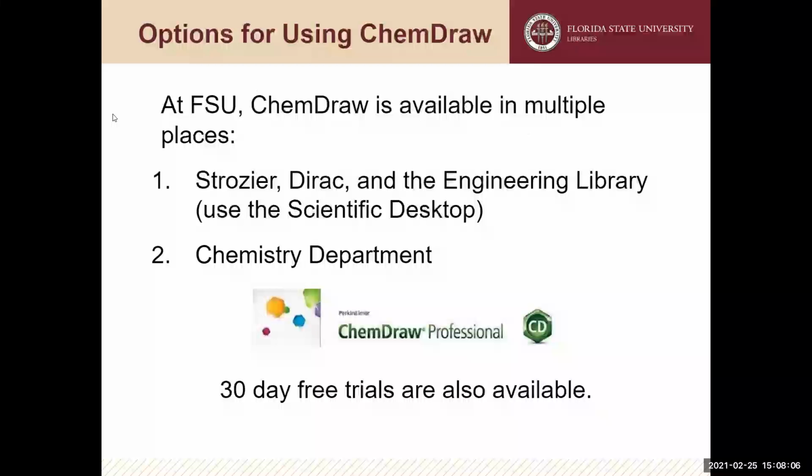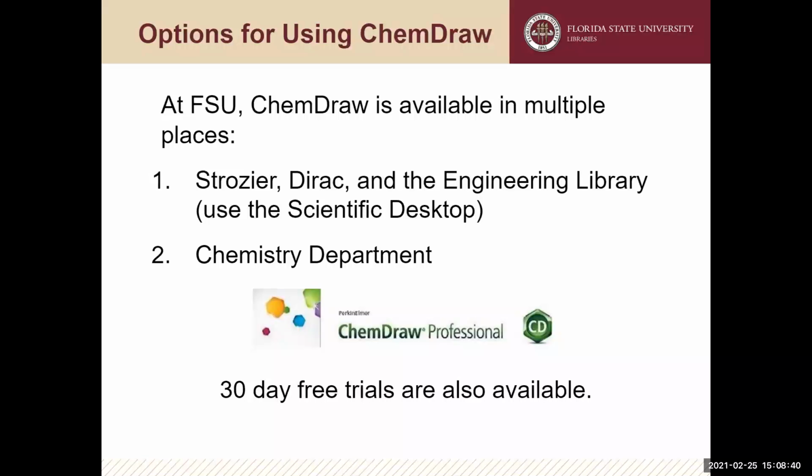If you're interested in using ChemDraw at FSU and you don't already have it, you may or may not have it already on your computers. We have it available in multiple places. It's available in the libraries, so if you're in Strozier, Dirac, or the engineering library on campus, it is available using the scientific desktop. There's also a campus-wide license through the chemistry department.